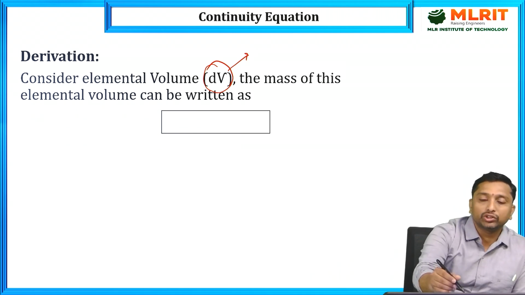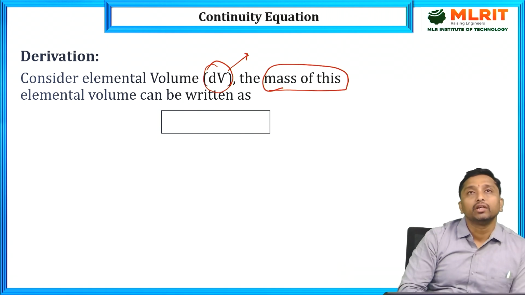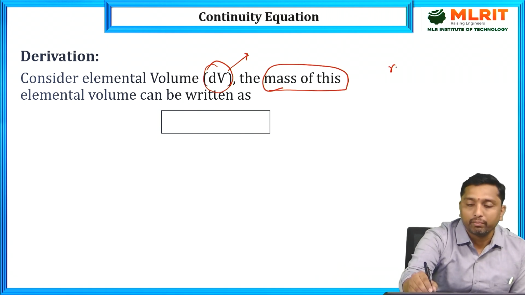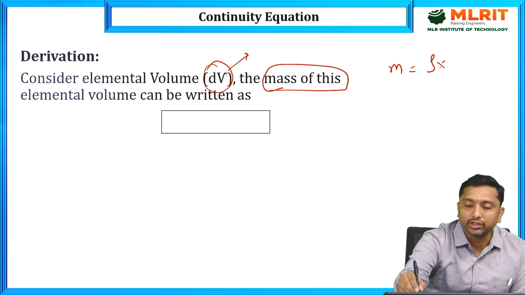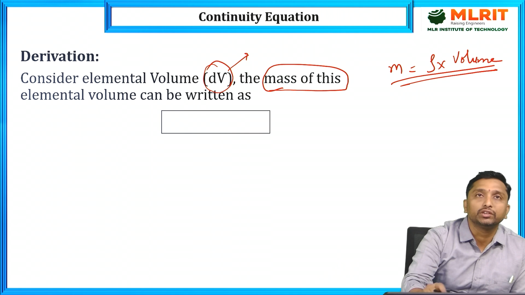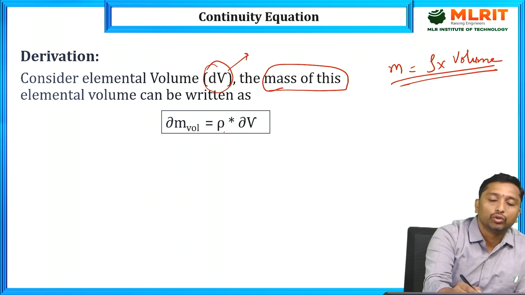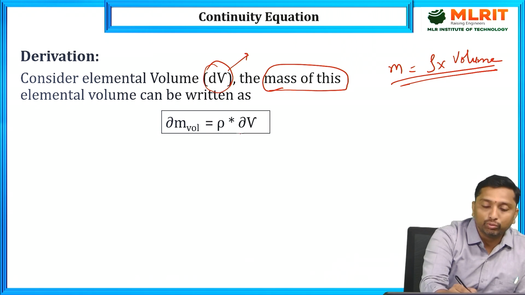So based on this, the mass of this element dV can be written as mass is equal to density into volume. So using this relation, I can say the mass of the element dV is equal to rho into the volume of the element dV.